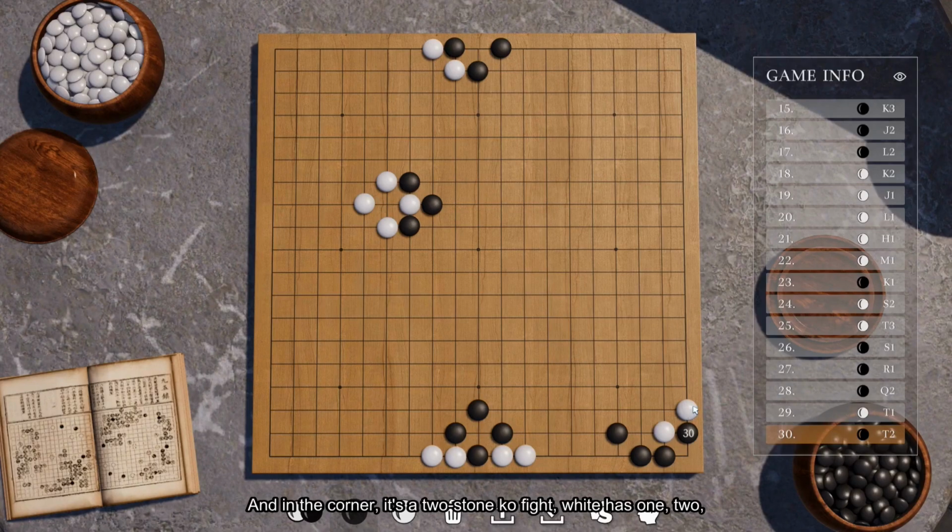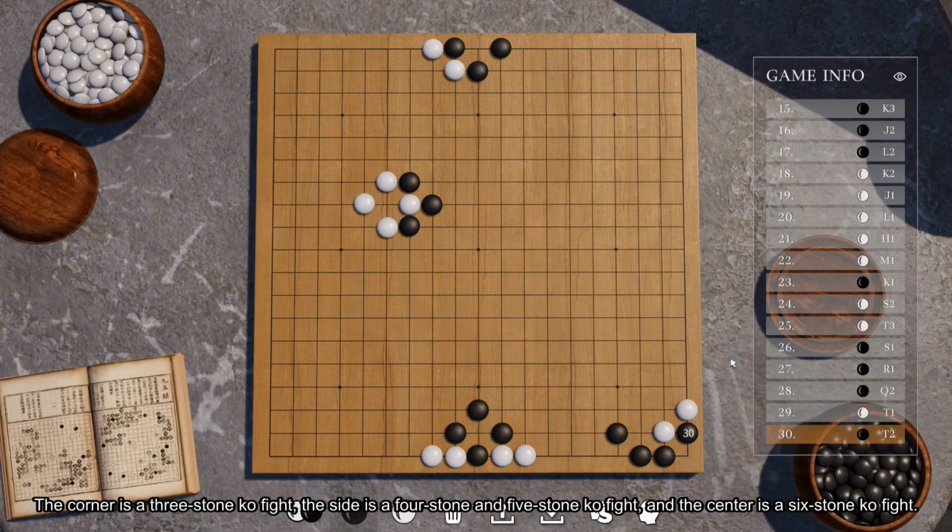White has 1, 2, and black only has 1 stone here, which forms a KO fight. So these 4 shapes are what we call the basic shapes of a KO fight. The corner is a 3-stone KO fight. The side is a 4-stone and 5-stone KO fight. And the center is a 6-stone KO fight.